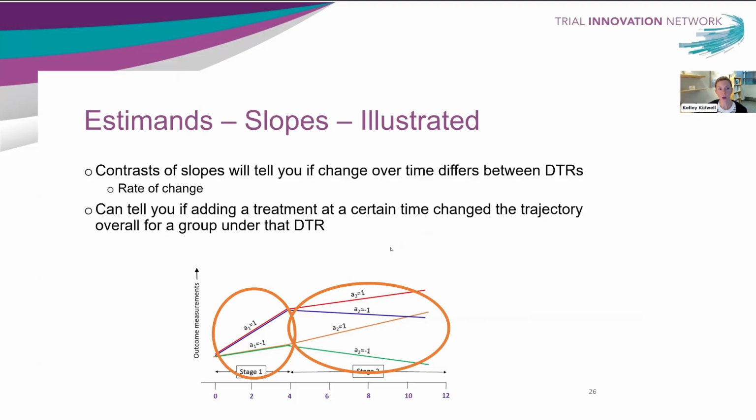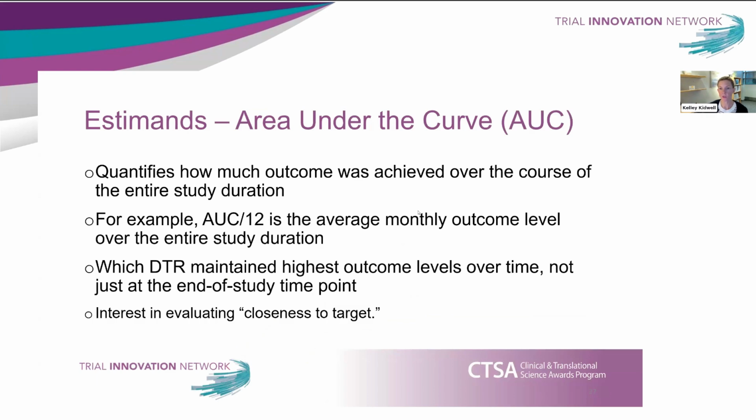The area under the curve will quantify how much outcome was achieved over the course of the entire study duration. So for example, you can also take an average of this such that if you looked over a year, you might have the AUC over 12 months, which would be the average monthly outcome level over the entire study duration. And this can answer questions such as which dynamic treatment regimen maintains the highest outcome levels over time, not just at the end of study outcome.